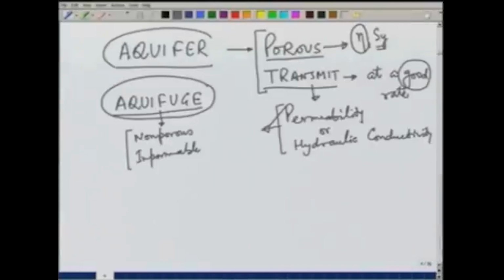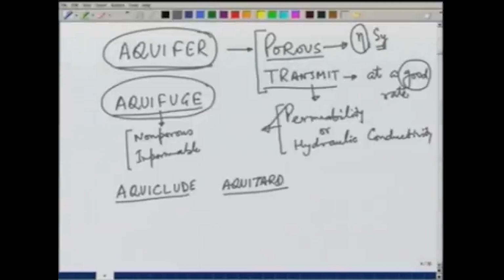Aquifer is the one which we will be using most often. So, this term aquifer we will be using to refer to all soil formations which are of use to us. The other two classifications are aquiclude and aquitard. So, aquicludes are porous and less permeable.